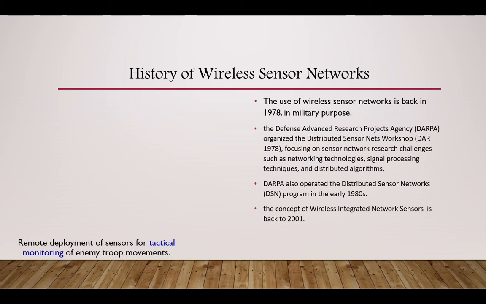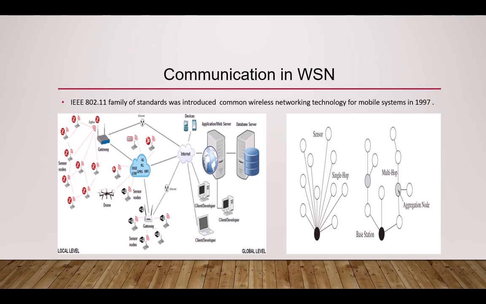The Berkeley Wireless Research Center focused on the development of low-power sensor devices, whose power consumption is so small that they can power themselves from an energy source of the operating environment such as solar energy. As you see in the diagram, a remote deployment of sensors for tactical monitoring of enemy troop movement.